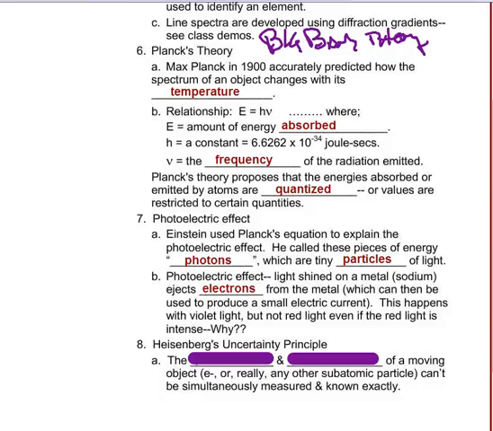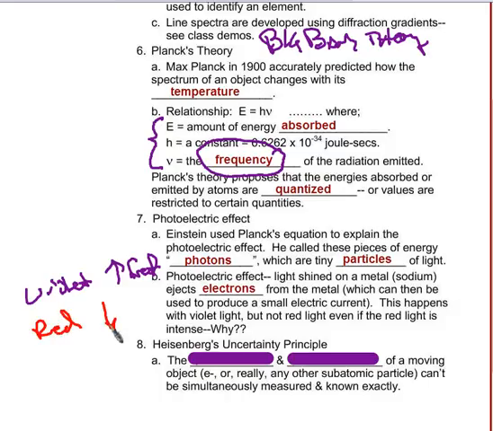Why is that? Well, remember that our relationship is E equals h nu. And nu is only about the frequency of light. Well, violet has a much greater frequency than red.